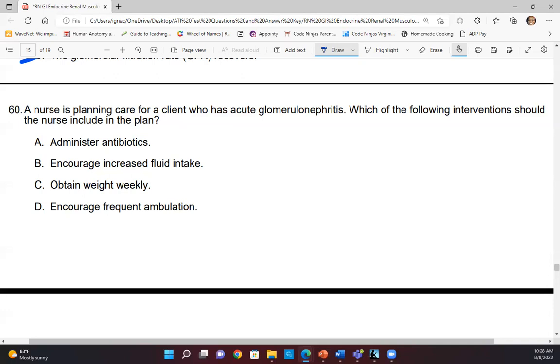Okay, and what may be helpful for this question is to think about what are the causes or possible causes for acute glomerulonephritis.